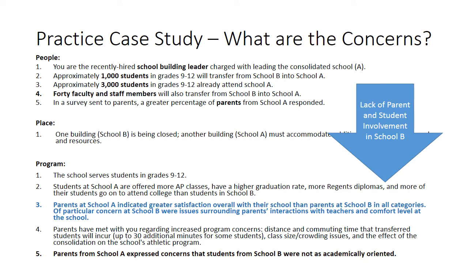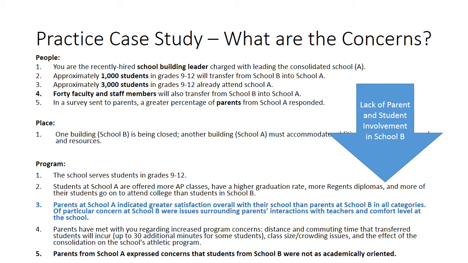A second issue is certainly the lack of parent and student involvement in School B. Look at item number 3 under program. Parents at School A indicated greater satisfaction overall with their school than parents at School B in all categories. Of particular concern at School B were issues surrounding parents' interactions with teachers and comfort level at the school.